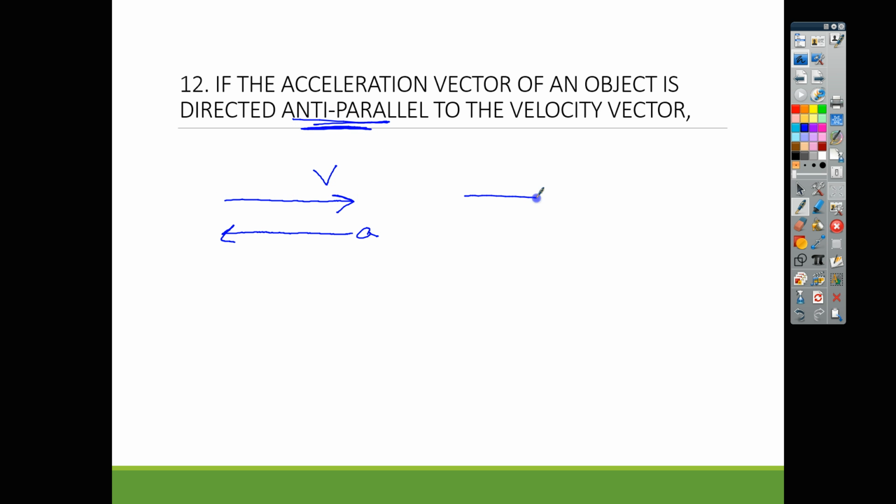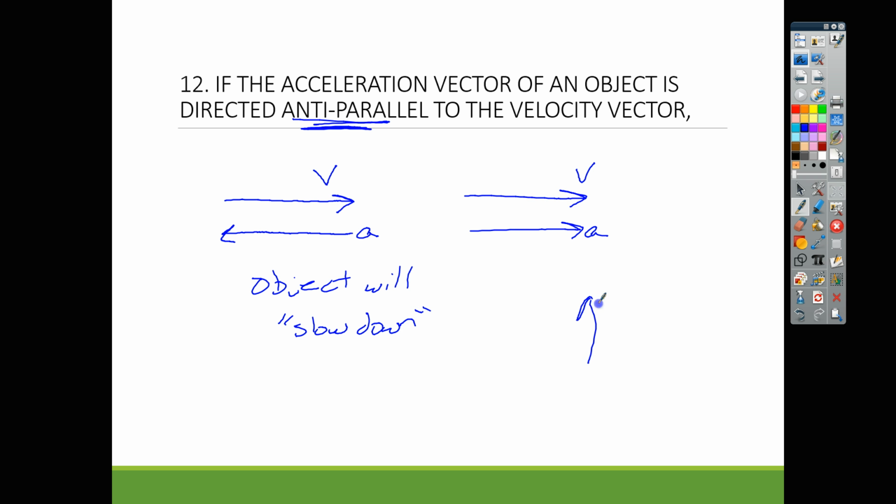So parallel would be if they both pointed in the same direction. So this is velocity and acceleration. This is anti-parallel. If they're anti-parallel, the object, so it doesn't matter what it is, the object will slow down or decelerate.